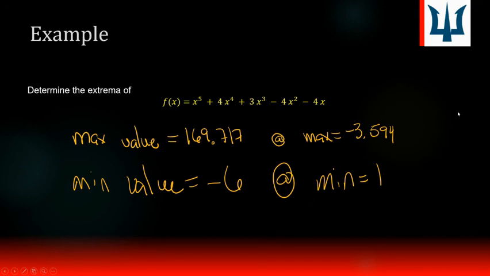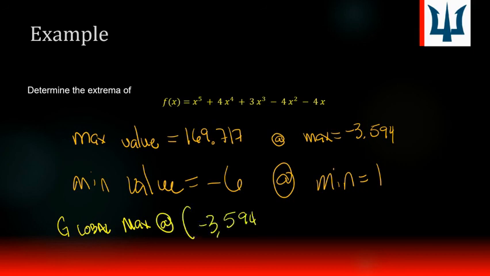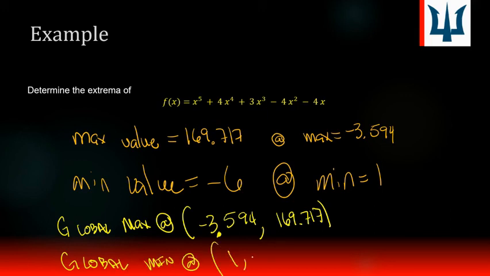In this one, since I only had one peak and one valley, we can say as our final answer that we have a global max at the point -3.594, 169.717, and I have a global min at 1, -6.